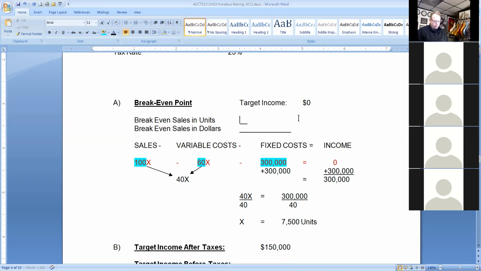Remember how I did this. All right, so unit sales will be 7,500. And if we wanted the break-even sales in dollars, we would have to multiply that by 100.